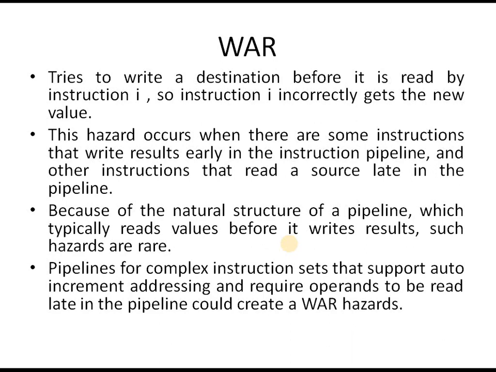Because of the natural structure of a pipeline, which typically reads values before it writes results, such hazards are rare. Pipelines for complex instruction sets that support auto-increment addressing and require operands to be read late in the pipeline could create a write after read hazard.